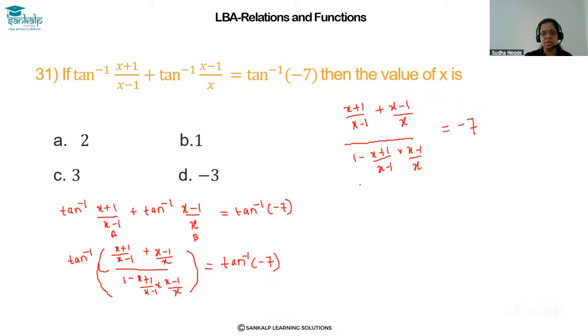Now you take LCM and cross multiply, you are going to get the equation, and simplify that, you will get the answer. Okay. So (x plus 1) into x plus (x minus 1) into (x minus 1).